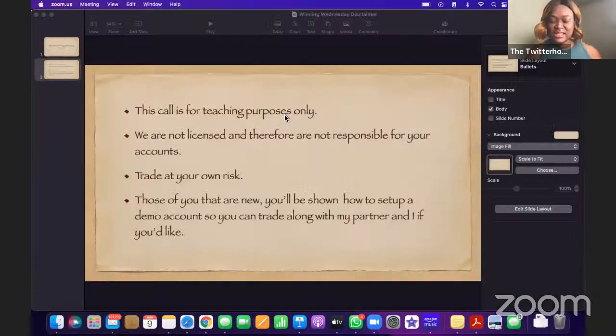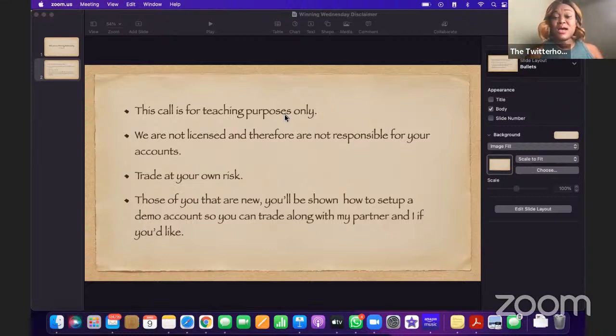And first things first, we got to do the disclaimer. This call is for teaching purposes only. I'm not a licensed trader, and therefore I'm not responsible for anyone's account. Each person is responsible for their own account, right? So you trade at your own risk.